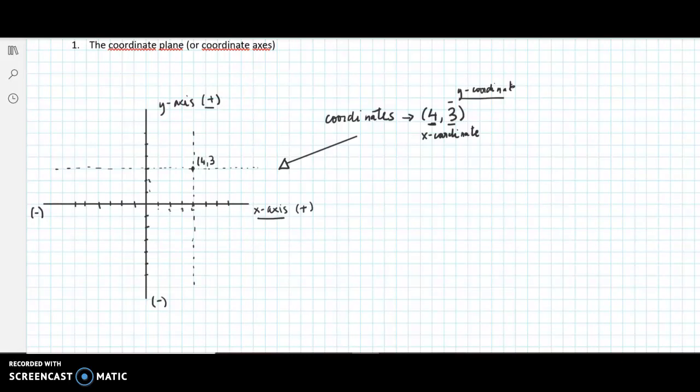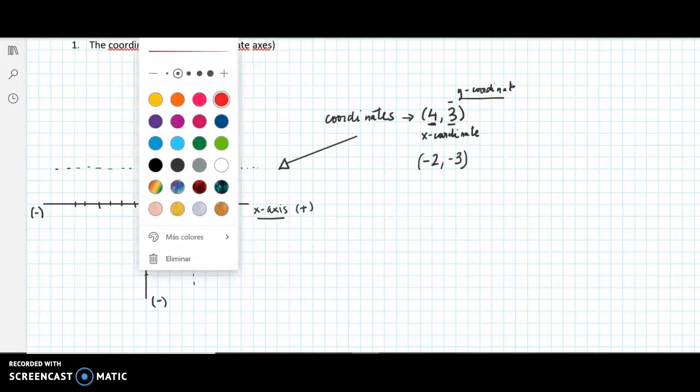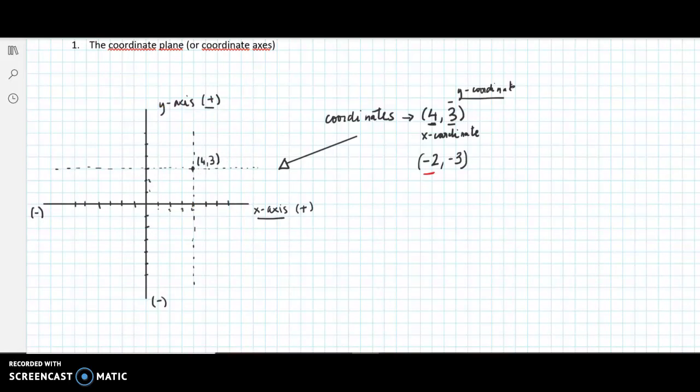Do you understand this? Well, let's see another point with negative numbers. Right. I'm going to do the same. I'm going to change the color. So the first number is the x coordinate. So I have to look for the negative 2. The negative 2 is on the left side here, okay? So negative 2 is here.